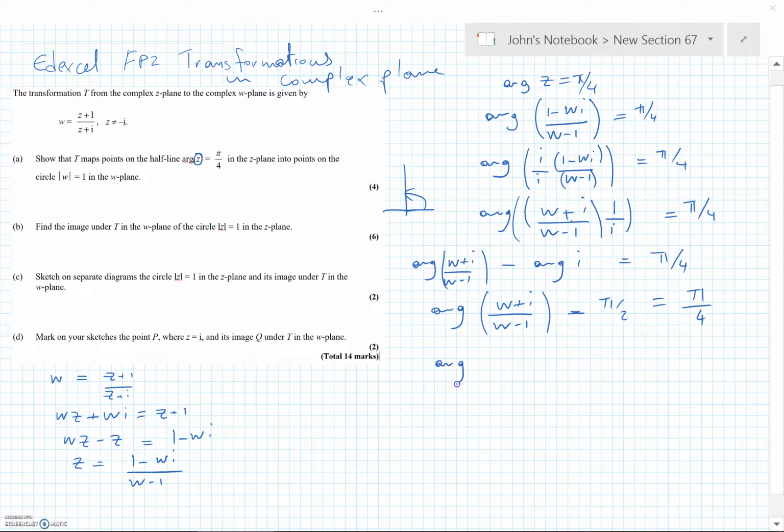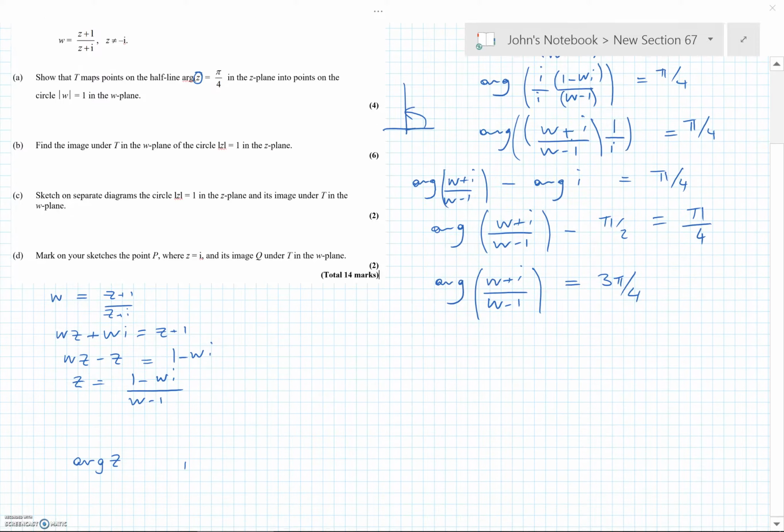Okay, well this is looking like the argument of (w plus i) over (w minus 1) is equal to 3 pi by 4. Now you might think, oh well, we're trying to get it to a circle, but let's think about this for a second.